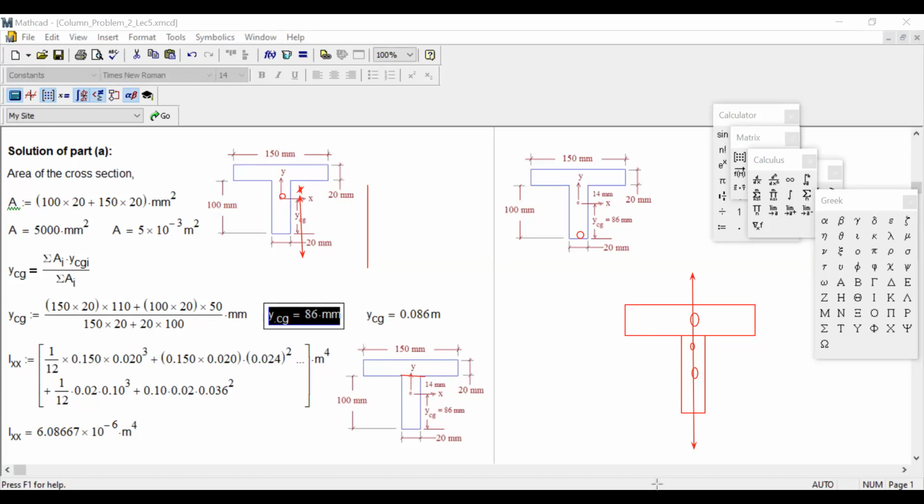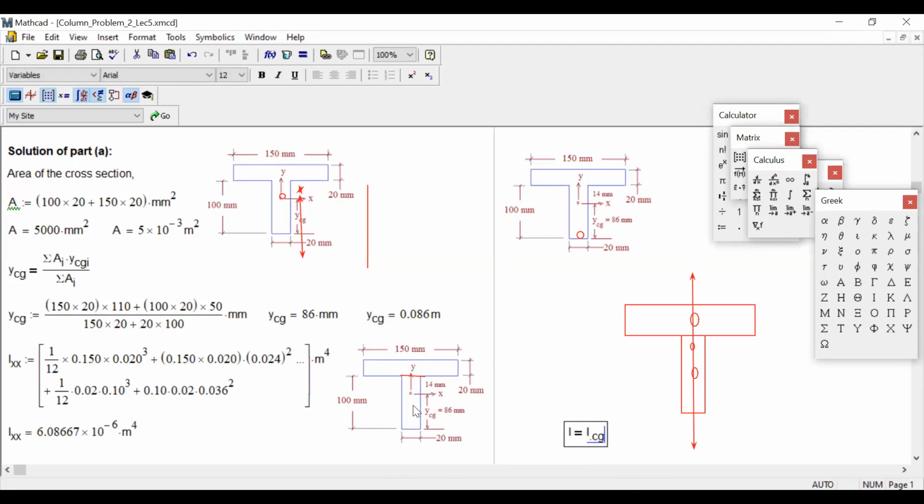I took these 2 areas and I apply this formula: I with respect to the CG of any point will be equal to I about its own CG, that means the moment of inertia of that cross section or area with respect to its CG, plus the area which you are calculating, that area into d square.